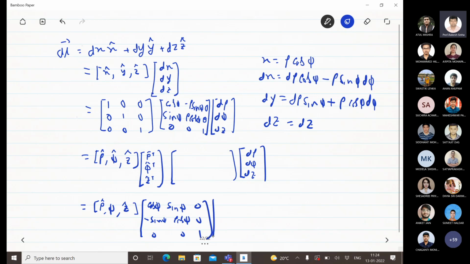Now you have this matrix: cos phi, minus rho sin phi, 0, then sin phi, rho cos phi, 0, then 0, 0, 1.